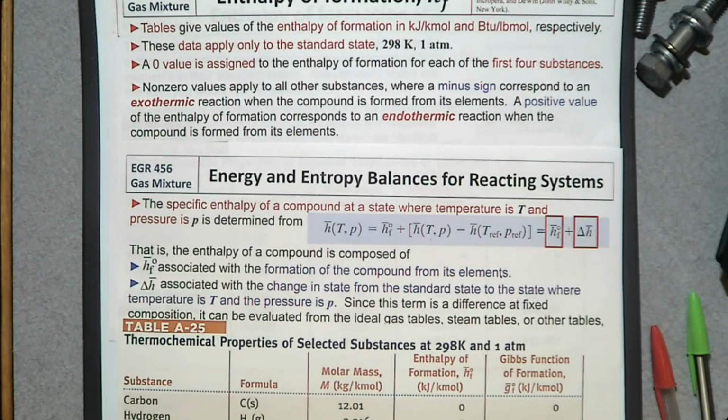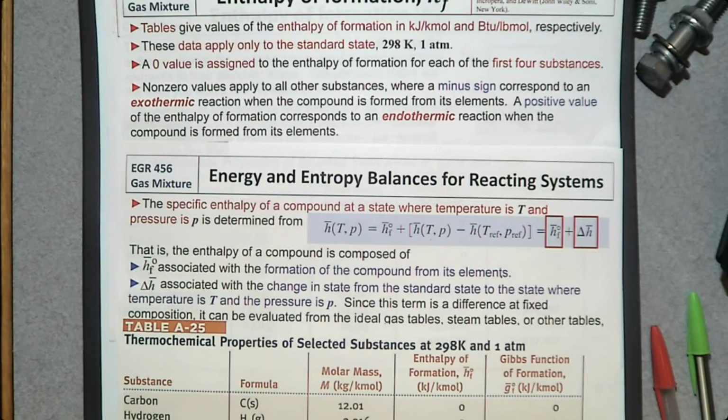However, this number can be any value depending on the temperature of the product. So we use this standard number, enthalpy of formation, assuming that the temperature is the standard temperature. And we are going to use this correction to determine the exact specific enthalpy at the given temperature and pressure.